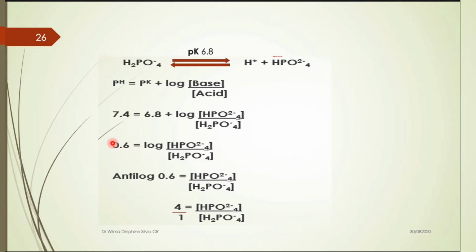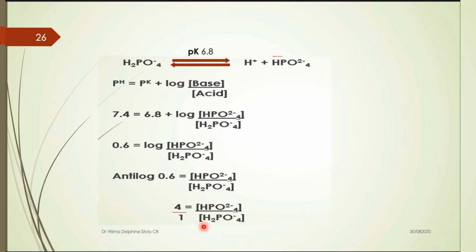So antilog of 0.6 is 4, and we have the ratio of base to acid is 4:1. That means the monohydrogen phosphate, the base component, is 4 times that of the dihydrogen phosphate, that is the weak acid component of the buffer system.